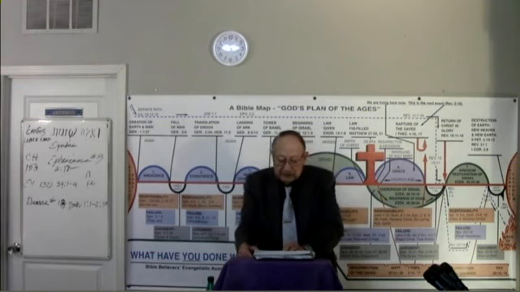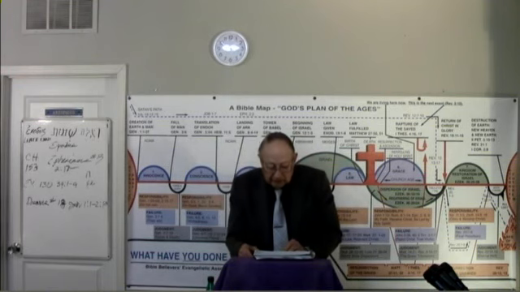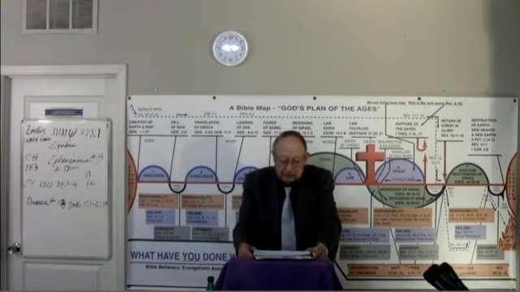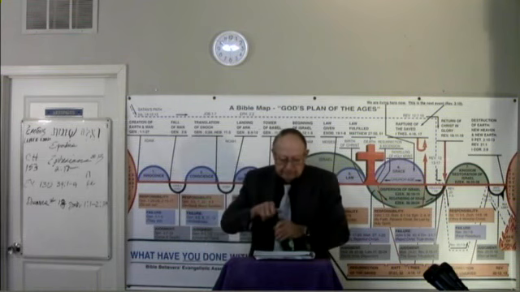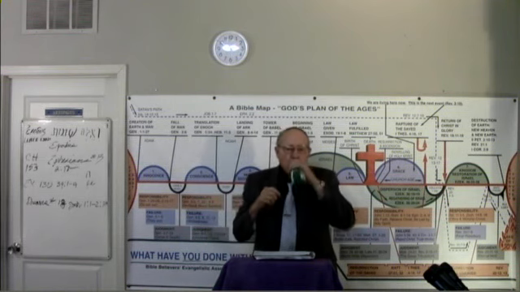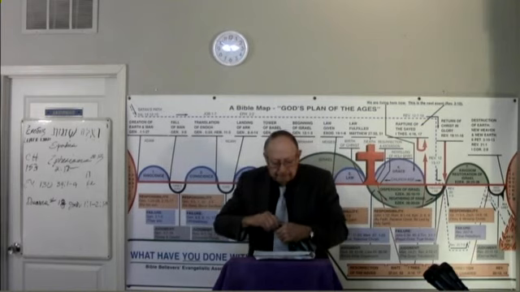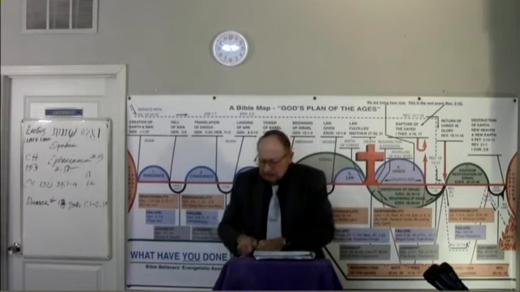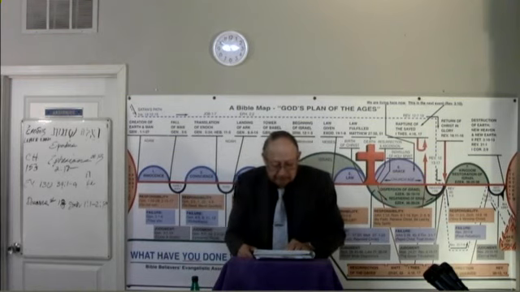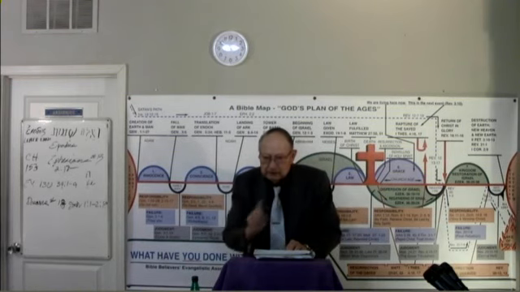Third person masculine singular, Kal wow consecutive perfect, from qara, 894 and 1128, and of course we have the conjunction, page 253, the wow in front of it. Losing my voice here. Okay.